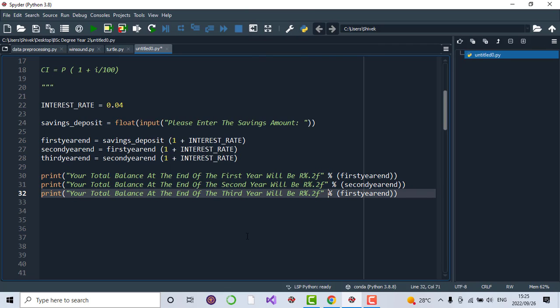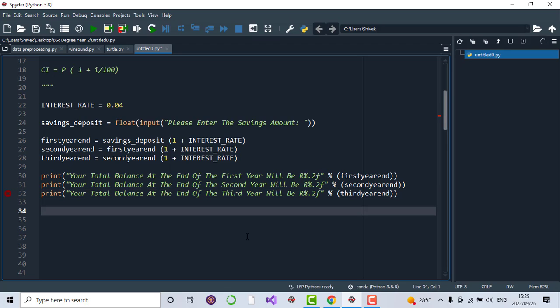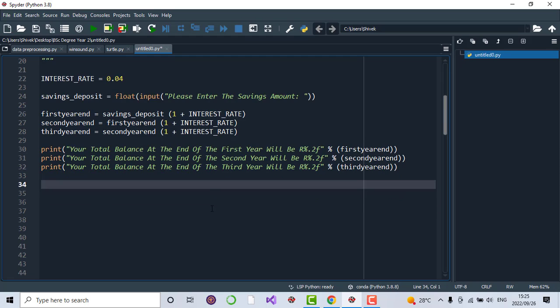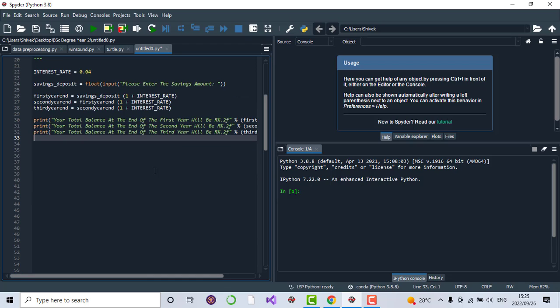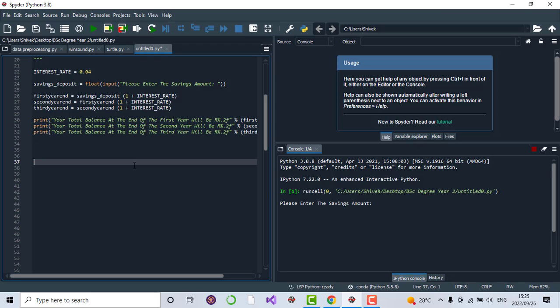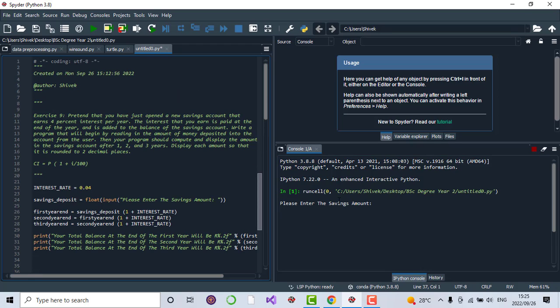Third year and third year end. Excellent. Now, the only way we'll know if we have successfully completed this exercise is if we run our program in order to test it. So let's do that. Let's do a control enter.